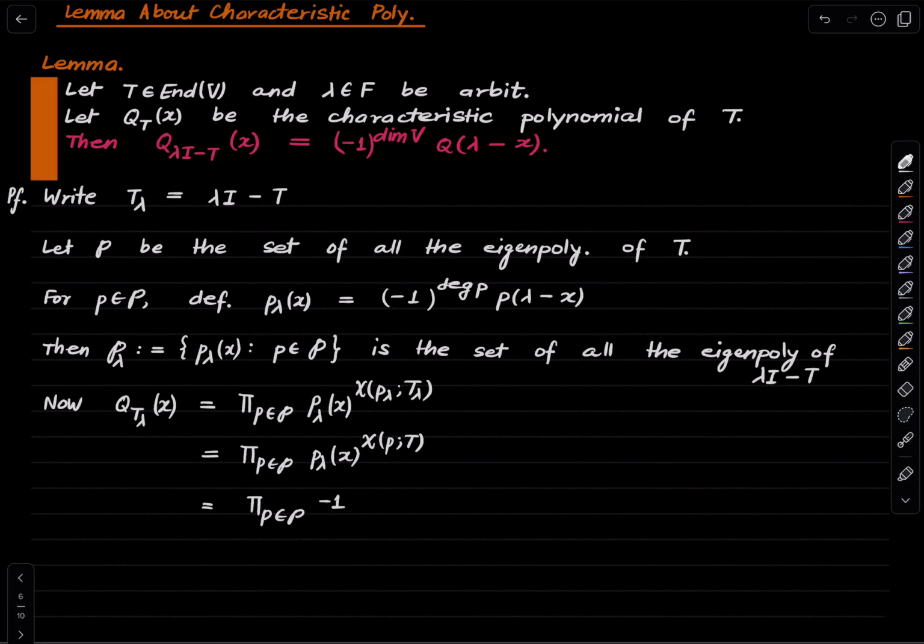And now this is equal to minus 1 to the power degree of P. Here what I should be writing is a bracket.